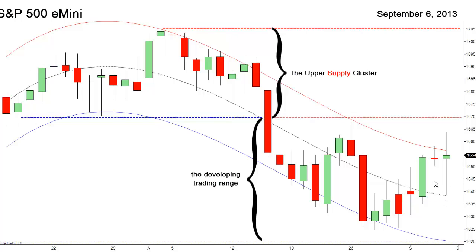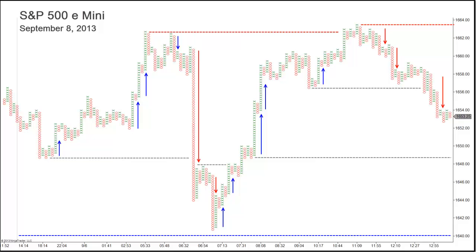After trading down to the low on Friday, the market reversed direction, rallied back up to the high, before ending the session at 1654.